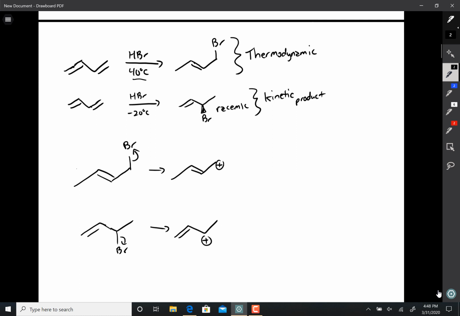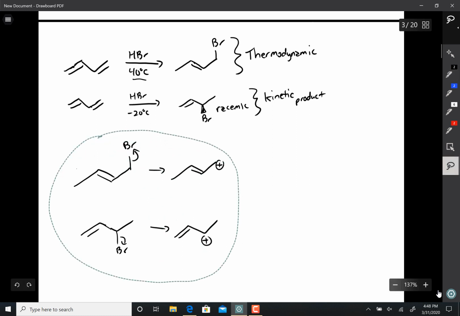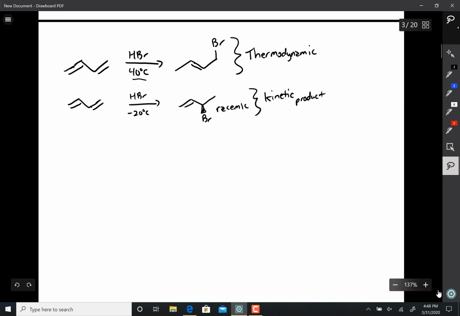So let's talk about this in terms of a way to think about it. First of all, thermodynamic product means it's the more stable product. Why is that product more stable? Well, for one thing, you can take a look at the alkene.